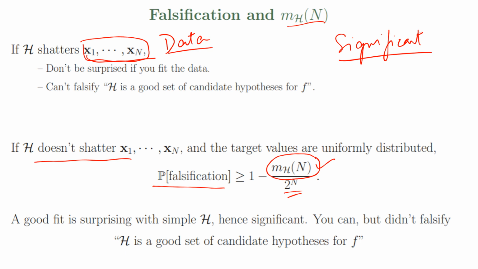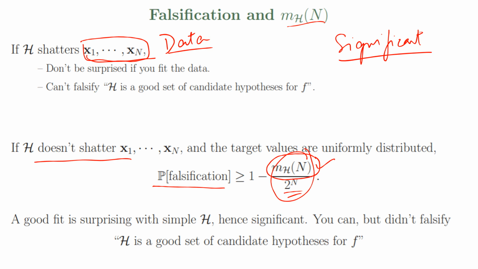And so in this case, if this is a simpler hypothesis, that means my M sub H of n is small. And that also means that this thing is small. And so my probability of falsification is huge, right? It's high, almost 1. So how does that help us? Well, quantifiably, we are saying that simpler is better because although the probability of falsification was huge, we were still able to fit my data.